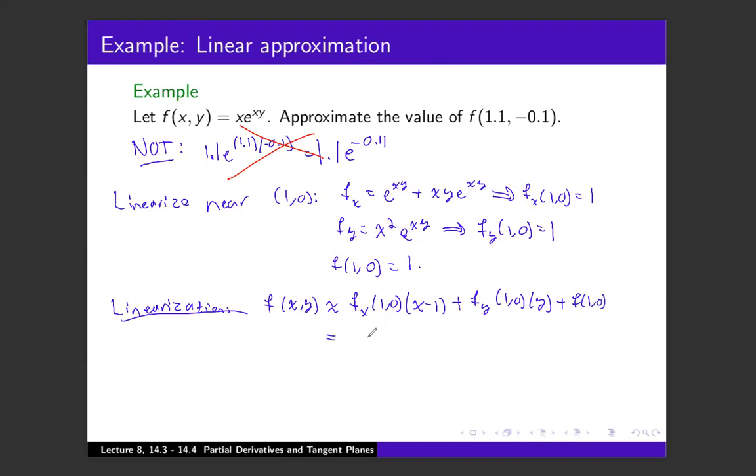And that, as it turns out, is just x minus 1 plus y plus 1, because f_x(1, 0) is 1, as is f_y. In other words, x plus y. So what we have in that case would be that f(1.1, -0.1) is approximately equal to 1.